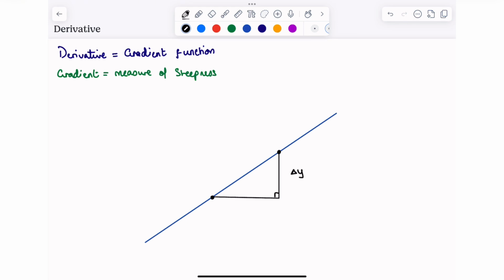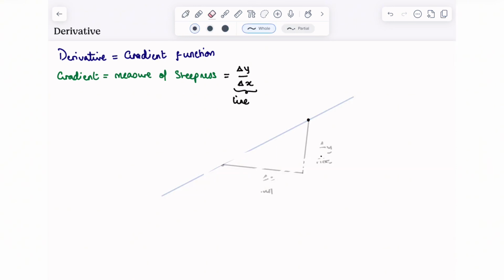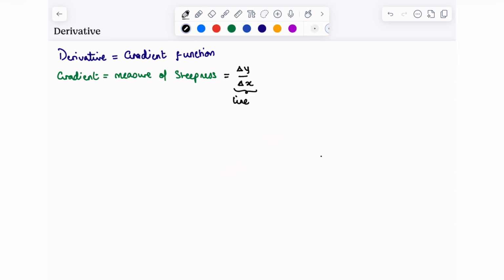That's change in x, how much it moves in the x direction. It's also known as rise and run. All I can do is rise over run, change in y over change in x. So the gradient for a straight line is just change in y over change in x, and the derivative of a line is just rise over run.